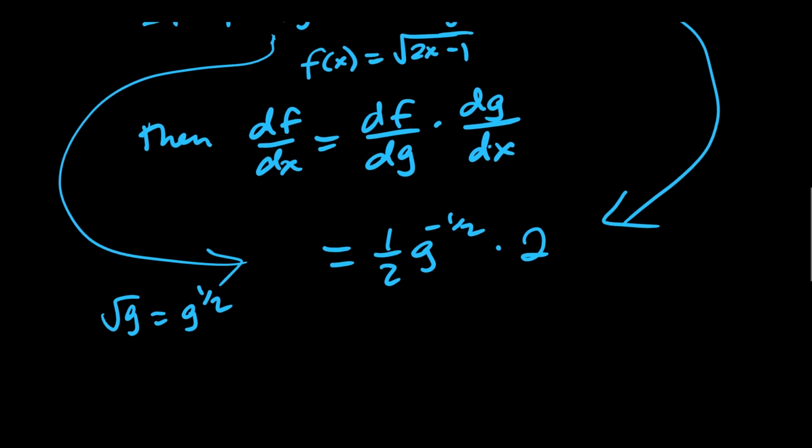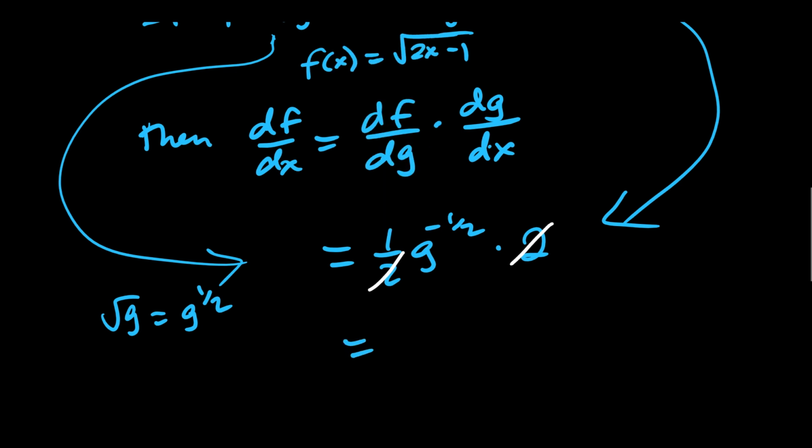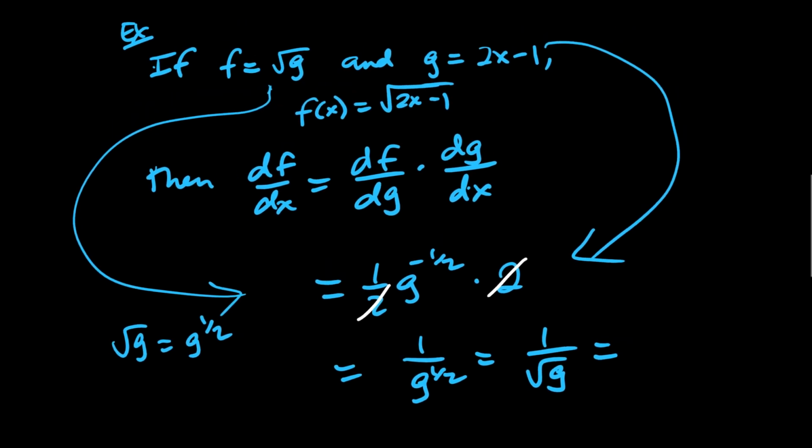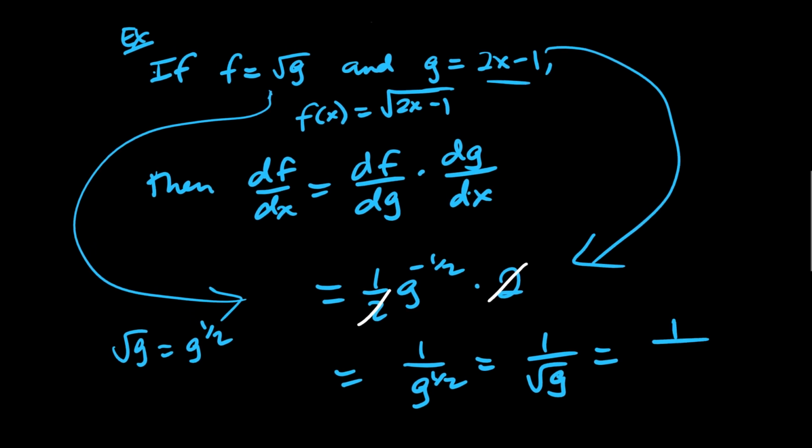So now the 2's would cancel, and you end up getting just g to the negative 1/2, or 1 over g to the 1/2, or 1 over square root of g, which is then, g was 2x minus 1. So it's 1 over square root of 2x minus 1. So that's one way you can look at it. I need you to memorize this.